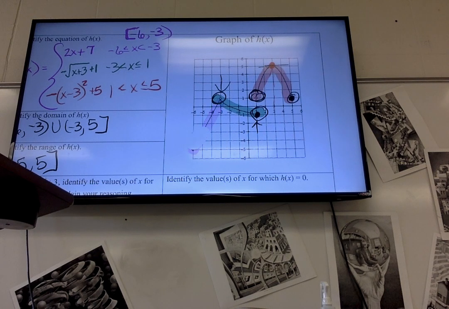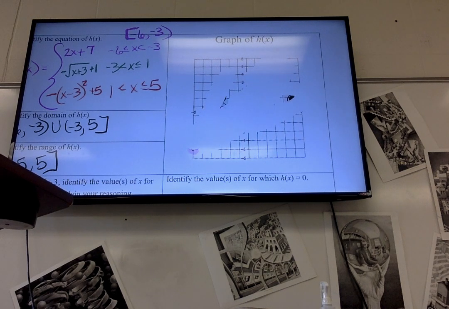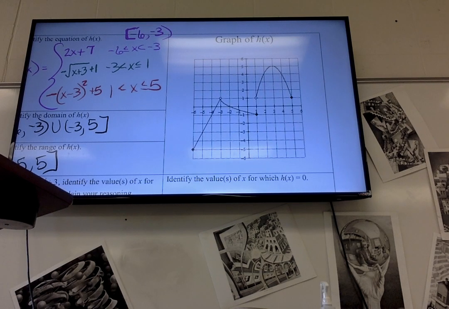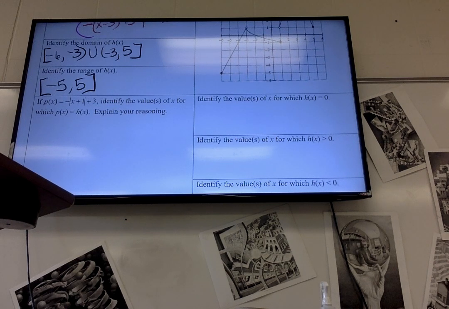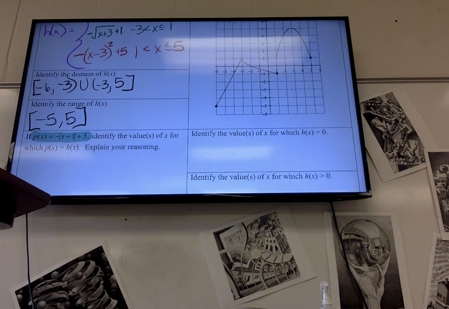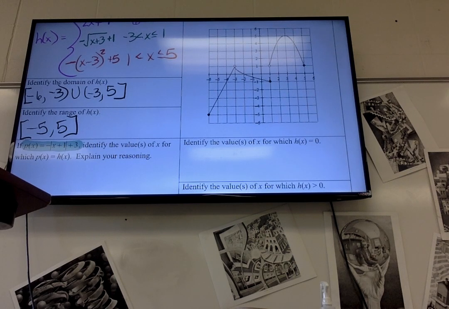So what can I do to figure out if h of x and p of x intersect? Slope will be part of it. There's also an absolute value and all that stuff. So what could I do? Graph it. Yeah, go to the graph and graph it.